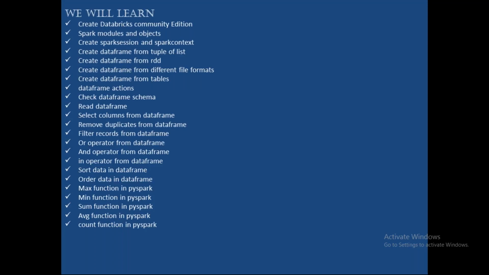Let's say you have departments: HR department, development department, testing department. In each department, who is getting the max salary? First you need to aggregate, meaning you need to group all the records related to each department. Let's say all the records related to the HR department, you bring to one place.